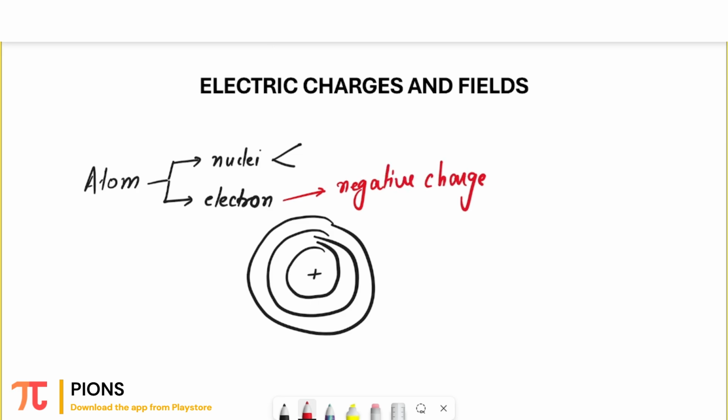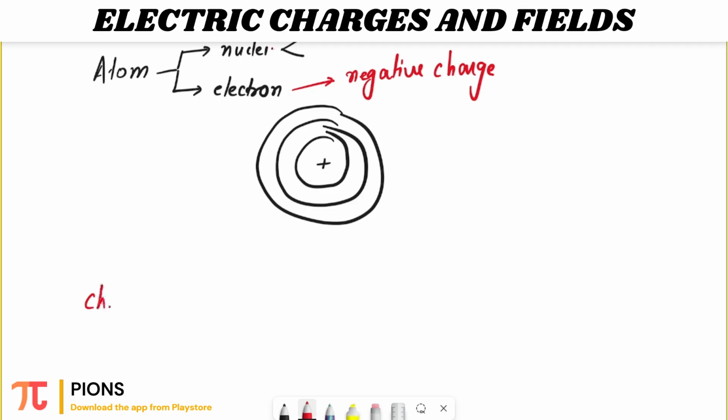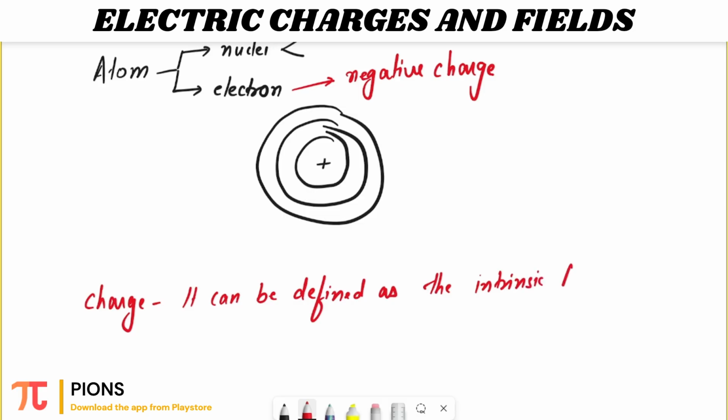A charge can be defined as the intrinsic property of a given object.